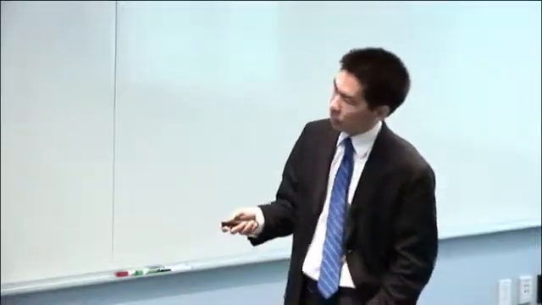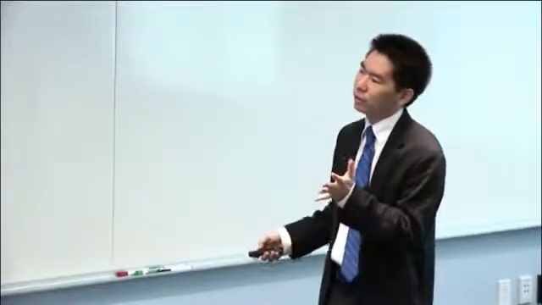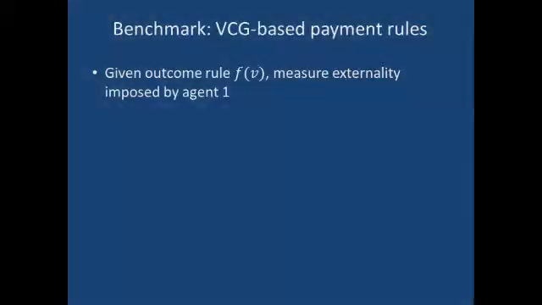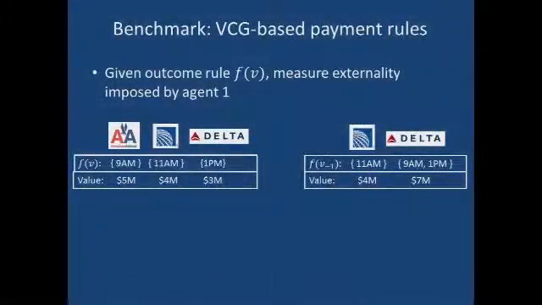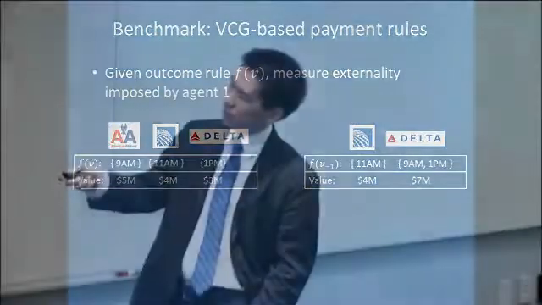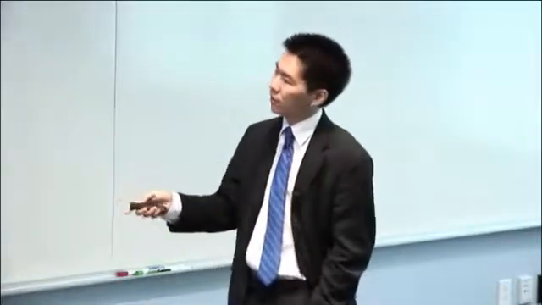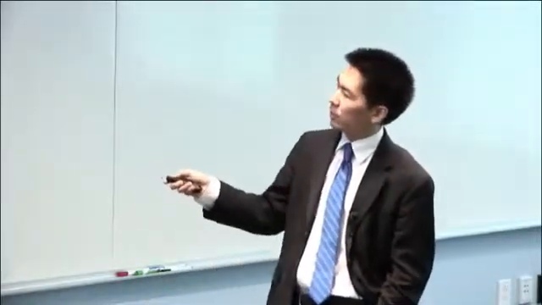The benchmark we use will be these VCG-based rules. What we mean by VCG-based rules is that we measure the externality imposed by agent 1. The externality of American Airlines is how much value the other airlines receive when American Airlines is around, versus how much more value they receive if we removed American Airlines.